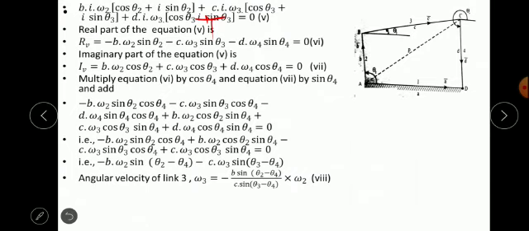Now in this, you just take the real part of equation number 5. What is the real part?